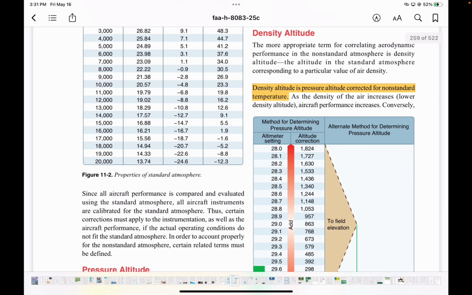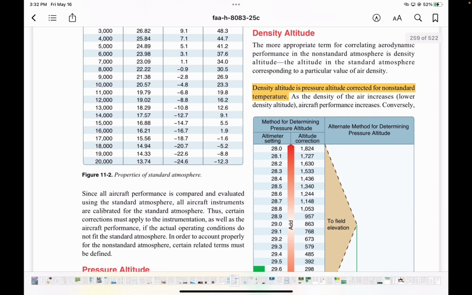So I'll give you a scenario. If you are on the ground and the field elevation reads 1,000 feet and the density altitude actually is 3,000 feet, then the airplane will think it's at 3,000 feet. What does that mean? That means if you were to go to an airport that had a field elevation of 3,000 feet, you would have a longer ground roll, it would take longer to take off, and you would need longer runways to land.